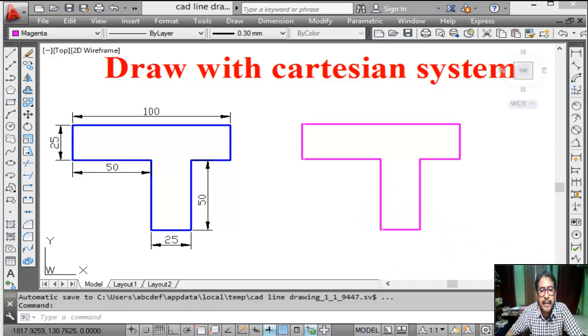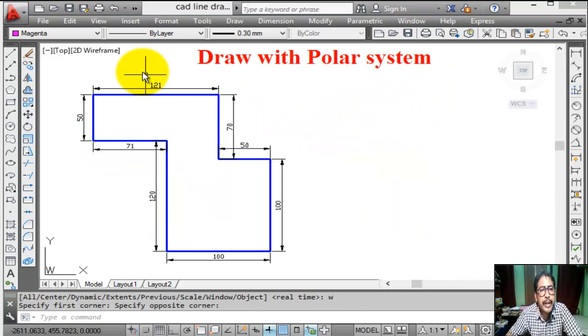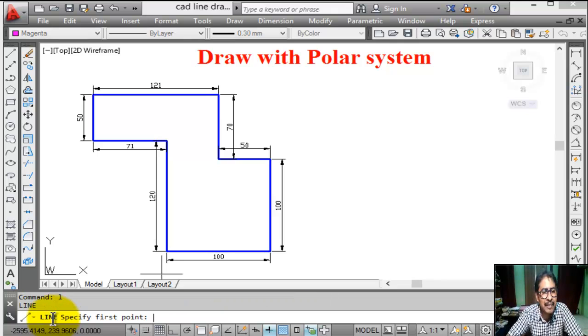It is clear. Next, we draw this drawing in the polar coordinate system with the line command. In the command line we type L, enter, specify first point, any suitable point, click this point.